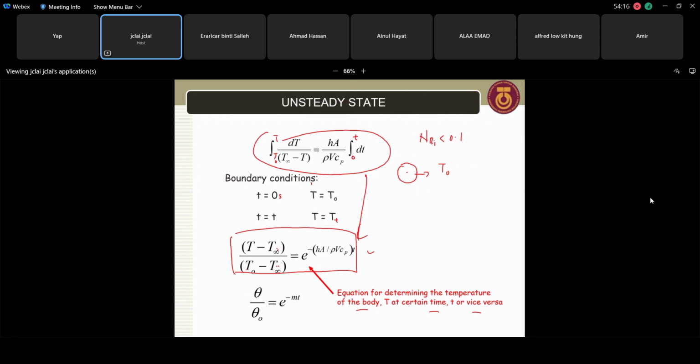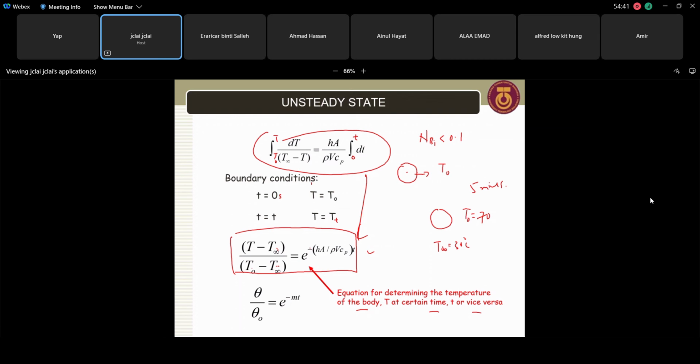Okay, this is the initial temperature of, let's say, a copper ball. The initial T is 70. The surrounding is 30 degrees Celsius. So this is T infinity, right? Then you want to know after 5 minutes, what is the copper ball's temperature?